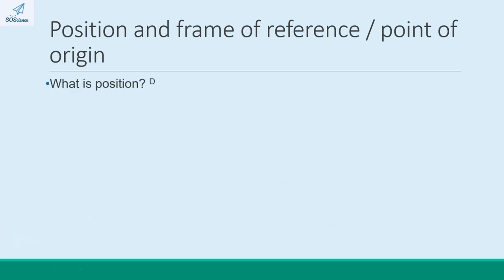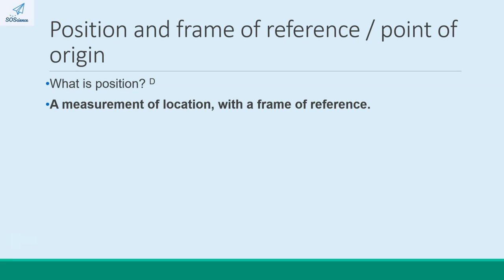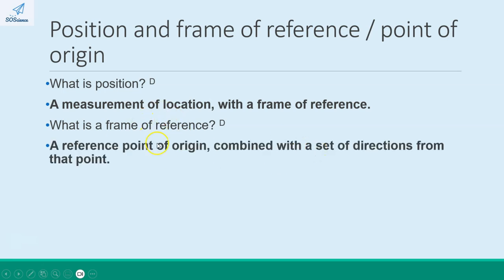Let's define position. Position is a measurement of location with a frame of reference that it has to be combined with. And what is this frame of reference? It is a reference point of origin that is then combined with a set of directions from that point.